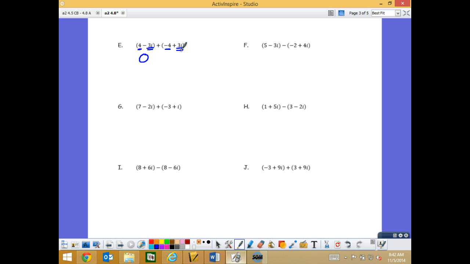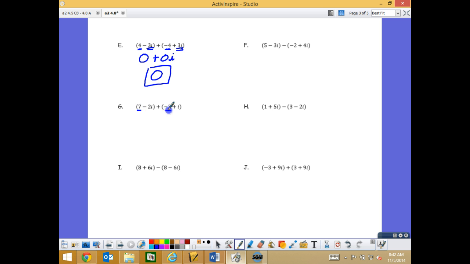So you're separating them, you're adding the real parts together and the imaginary parts together. And -3i plus 3i is 0i, which will result in just 0.